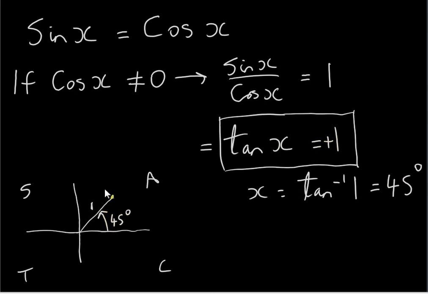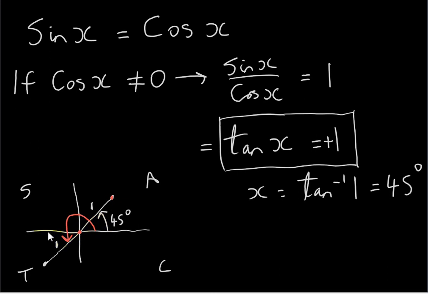It's positive in the A quadrant where all the functions are positive, but it's also positive in the T quadrant where only the tan function is positive. So here we're talking about an angle that lies between 180 and 270 degrees. To find that angle, as I've explained before, we just get the image of this angle under central symmetry in the origin.